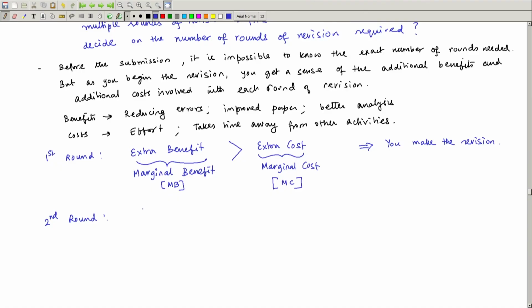So, while doing this, the marginal benefit may still be greater than the marginal cost, but now the marginal benefit and marginal cost levels are a lot closer. So, what I have in mind is that imagine the marginal benefit was somewhere here, and the marginal cost was low somewhere here in the first round. In the second round, there is still a marginal benefit, but the marginal cost is also getting much higher. So, the marginal benefit is still greater than the marginal cost. So, you do this round.